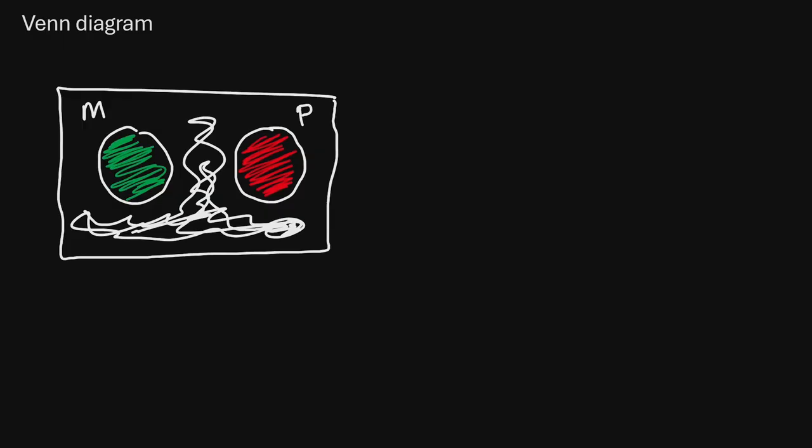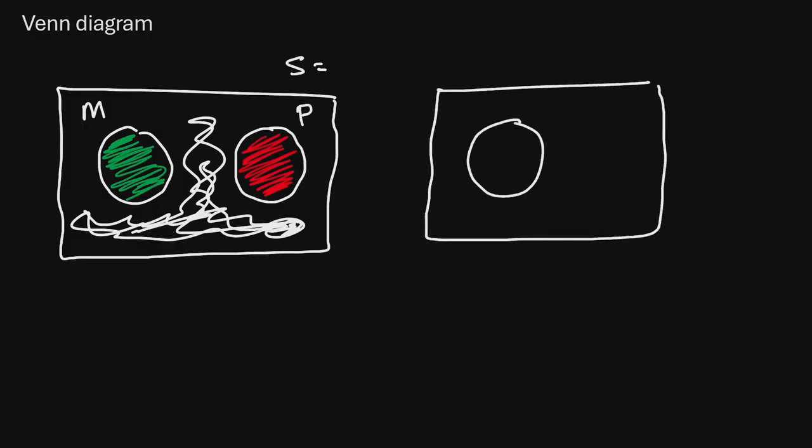There's also something that you need to understand, which is the sample space. The sample space will represent the total number of learners inside the Venn diagram. Let's say, for example, we have a Venn diagram where the number of students doing maths is 10, 5 students are doing physics, and 3 students don't do maths or physics.